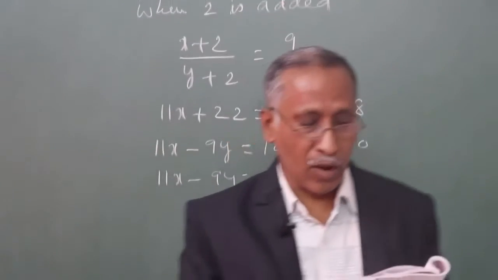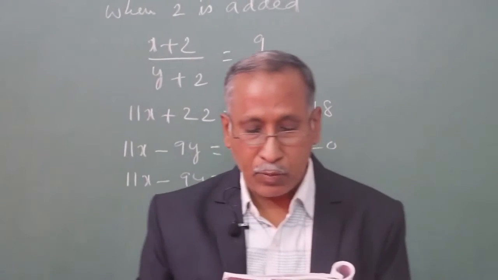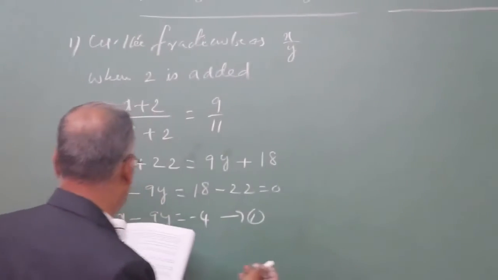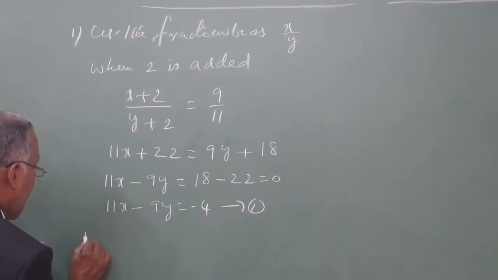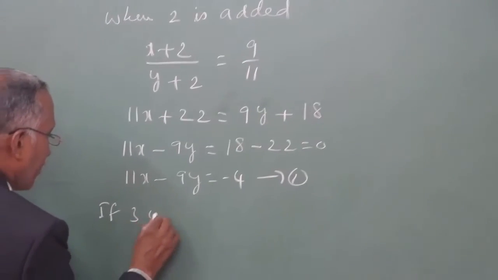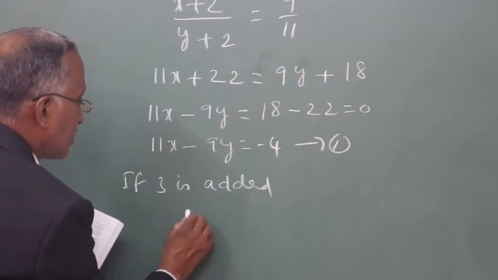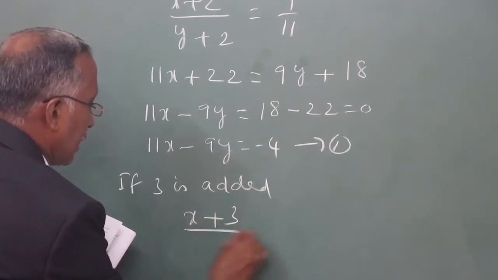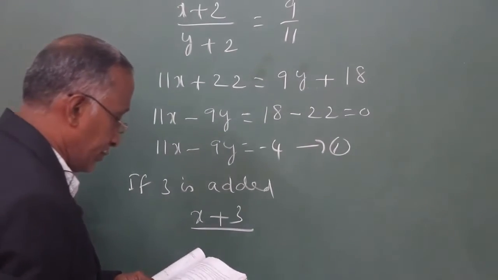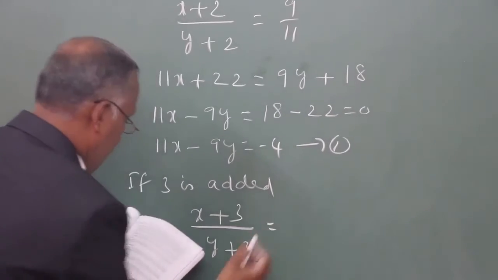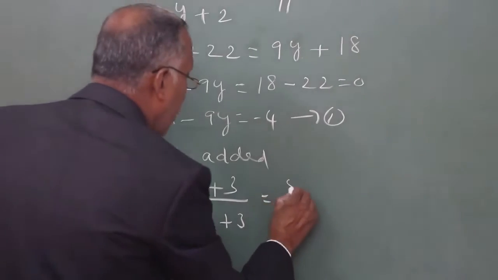Next, they have given that if 3 is added to both the numerator and denominator, it becomes 5 by 6. That means x plus 3 by y plus 3 becomes 5 by 6.